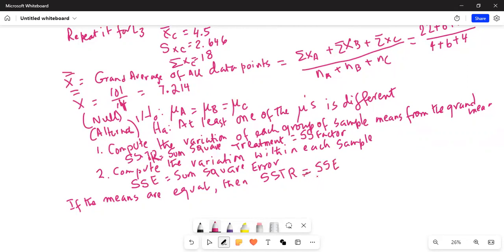Now, if the variations are quite apart, then of course the means are not equal.